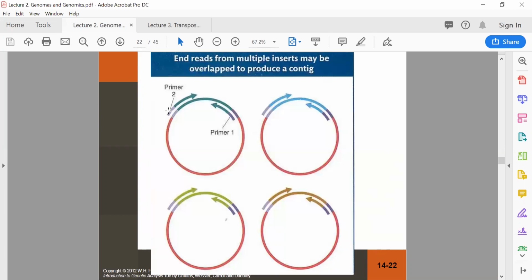And then when the sequencing reaction begins, it'll start forming complementary DNA to your unknown DNA fragment here. And the same thing will happen with this primer here. So you'll end up with generating a piece of DNA here that will be read, the sequence will be read, and a little piece here of your unknown DNA fragment that will also be read and sequenced.